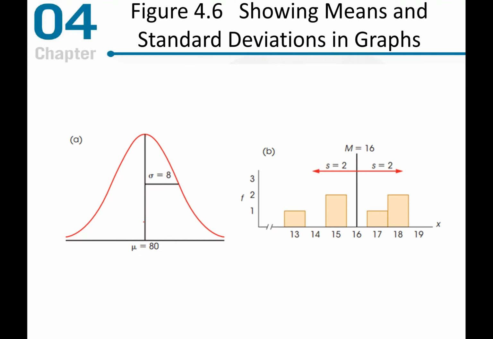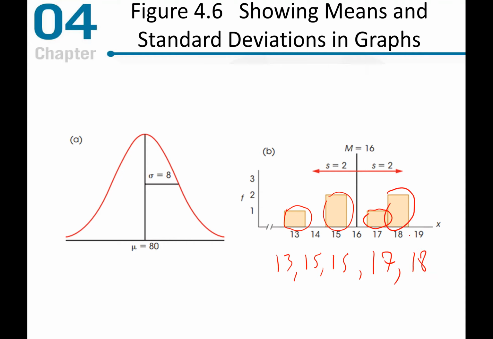Now, if we are looking at a sample distribution, in this one we have 6 scores in our sample. One person scored a 13, 2 people scored a 15, 1 person scored a 17, and 2 people scored an 18.